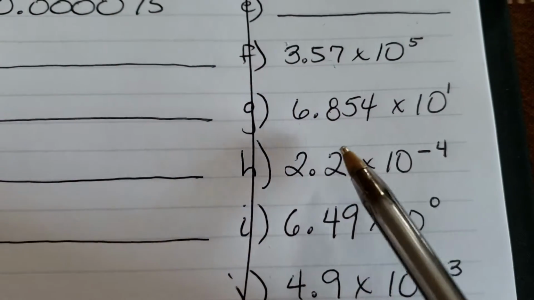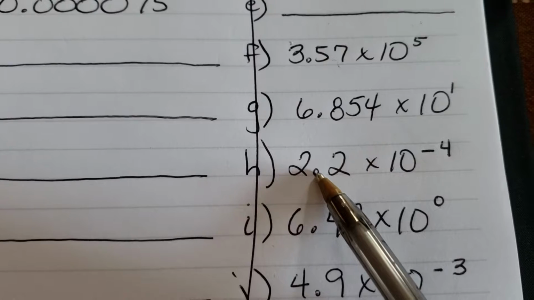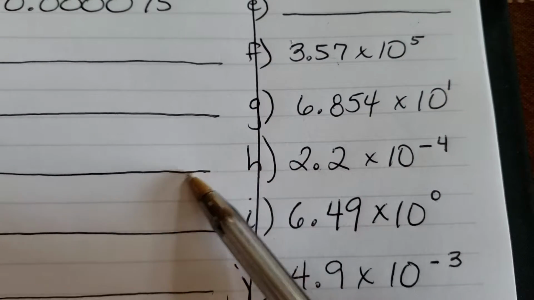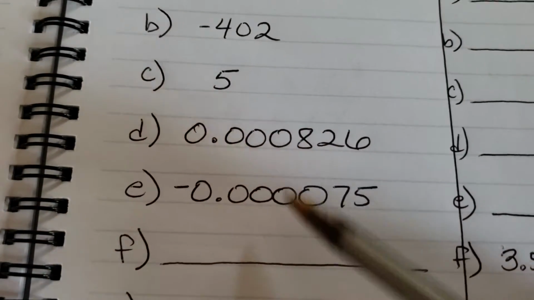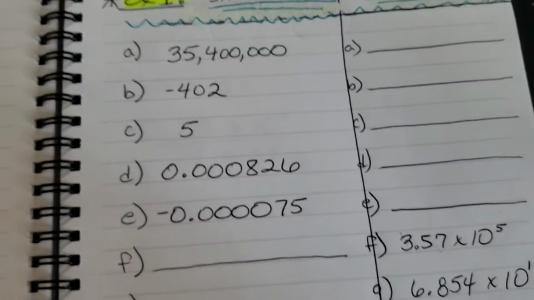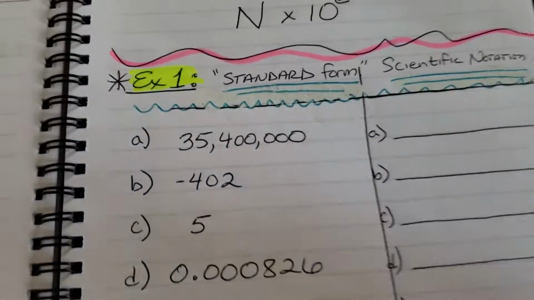So that means we're going to get a very small number. We're going to get a small decimal, and it means we're going to move this decimal 1, 2, 3, 4 places to the left, leaving us with a number that looks similar to this. Okay. So we have kind of an idea of what we should end up with. Let's go ahead and do that now.